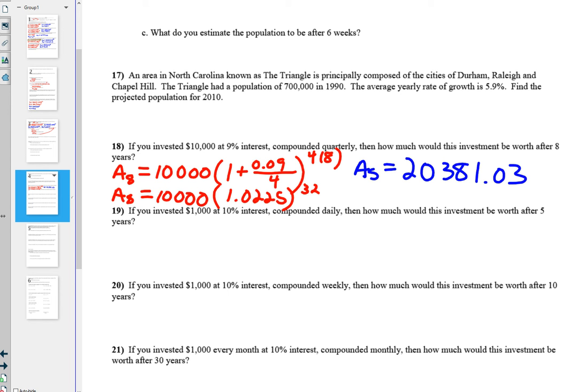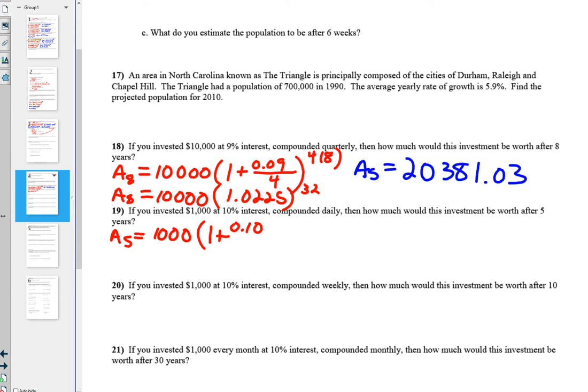Okay, let's look at the next one. You invested $1,000 at 10% interest compounded daily. Then how much would this investment be worth after 5 years? Oof. All right. So the amount after 5 years is equal to the 1,000 that you started with, 1 plus the percent, which is 0.10.